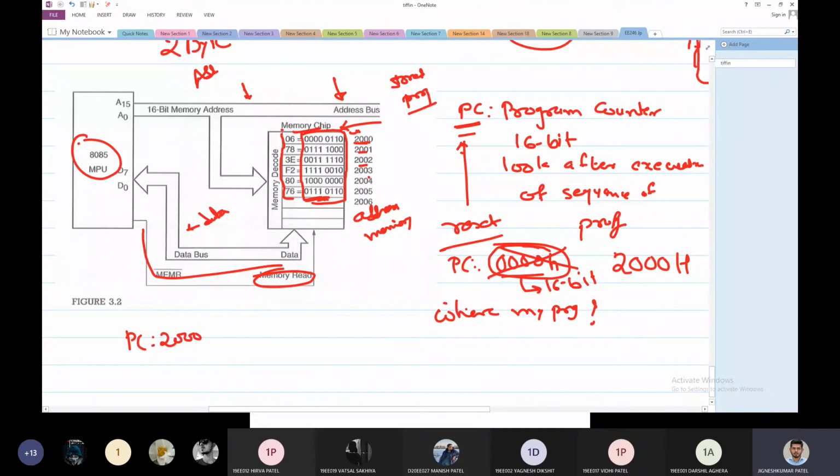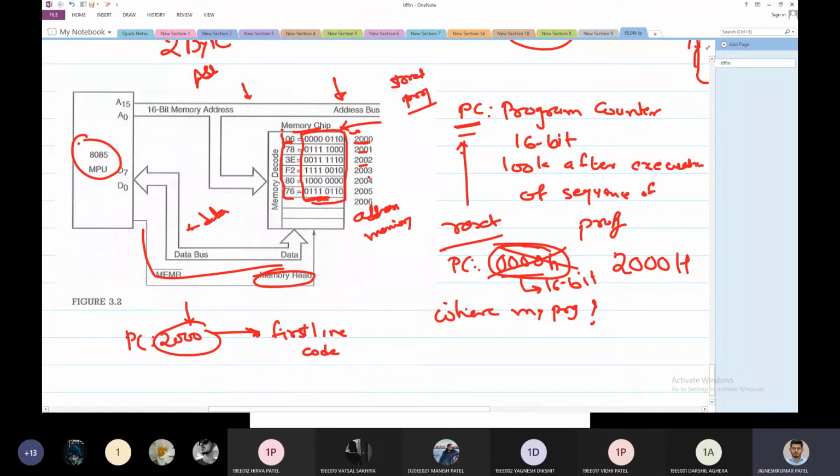So immediately, once I let it know that my program is starting from 2000, what will 8085 do? 8085 will go to 2000. Now, what is on 2000? My first line of code. So I am sure that my first line of code is on 2000. That means this is not a number, but this is an opcode for me.